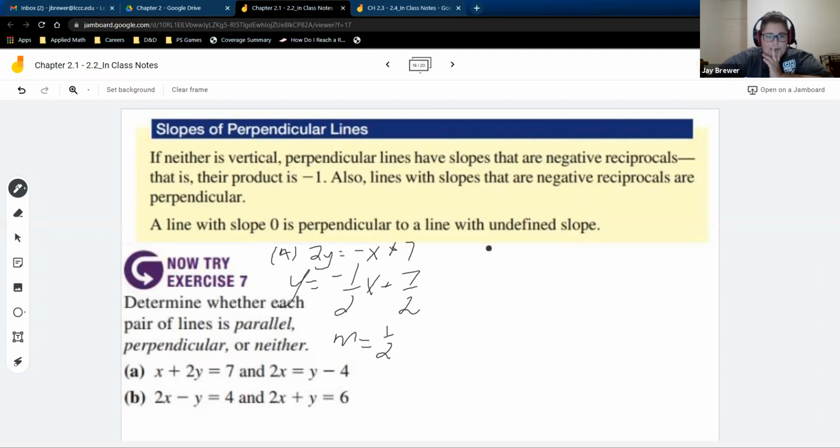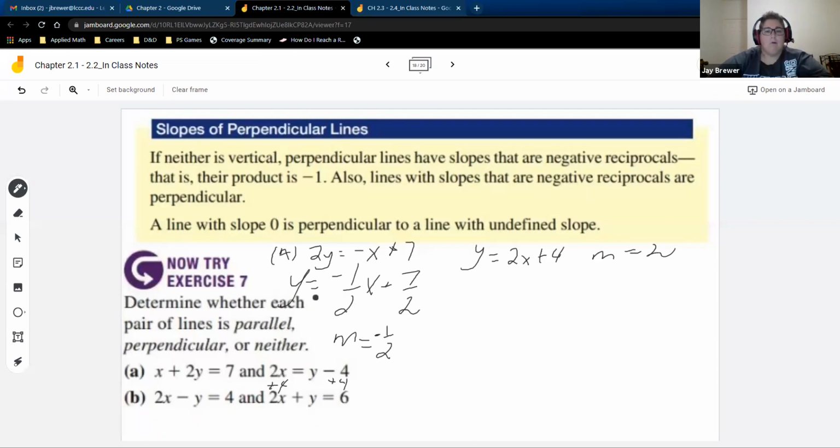And then the second equation, we just have to add 4 to the other side. Do you guys see that? If we add 4 and we add 4, then it gets the y by itself. So that would be y equals 2x plus 4. So our second slope is 2. And sorry, this should be a negative.